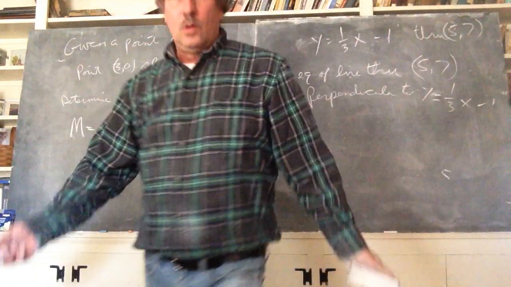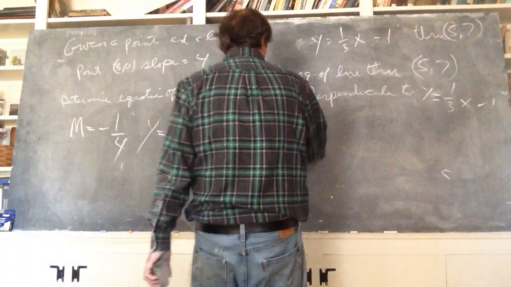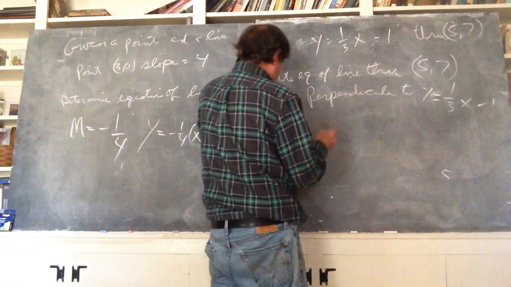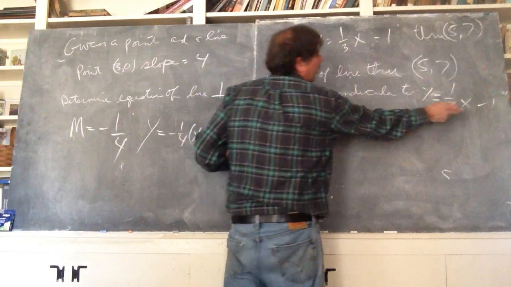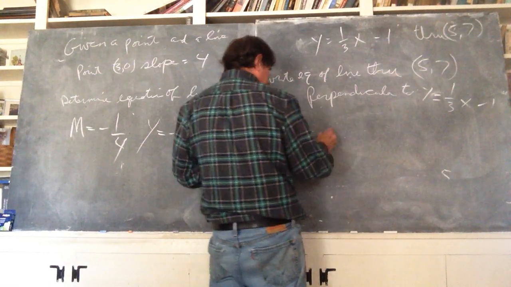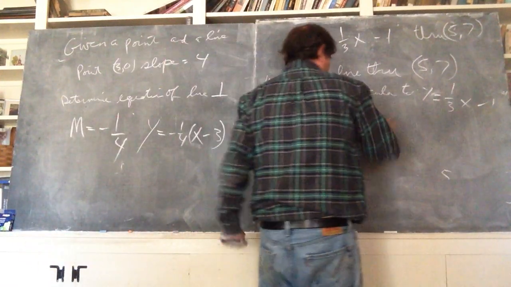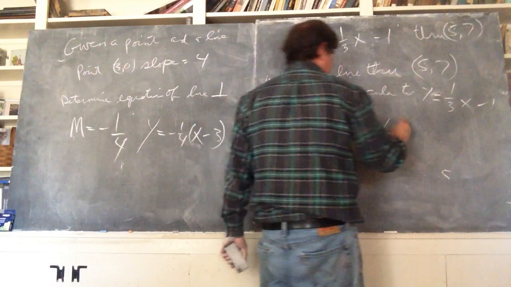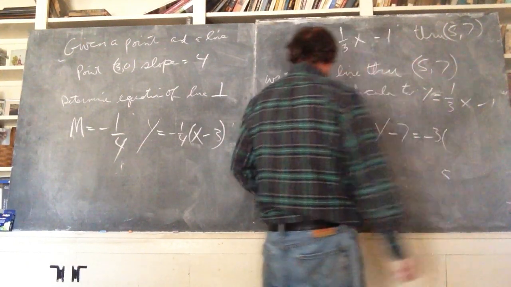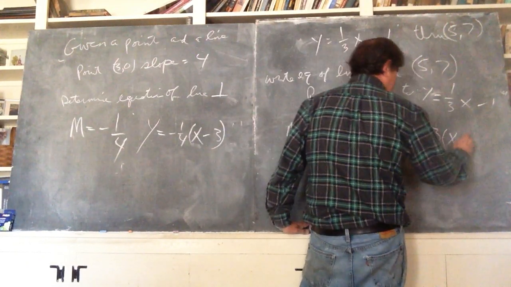So that's the direction. All we want is an equation of a line. The slope of this line then is going to be, let's see, 1/3, opposite reciprocals. Slope is -3. y minus 7 equals -3 times x minus 5.